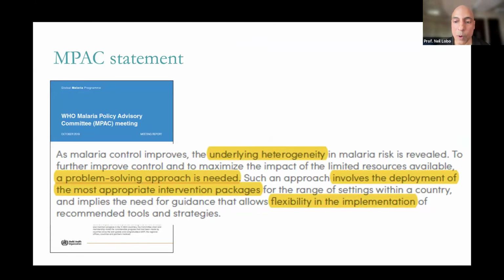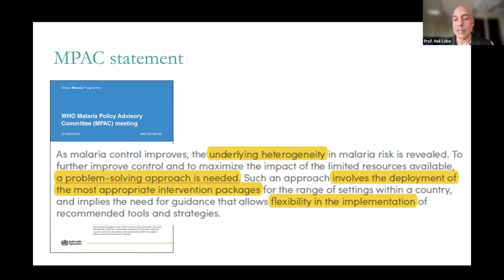A one-size-fits-all approach will not work against all these systemic differences in malaria. So we cannot have one package to attack malaria. We want subnational tailoring, so that based on the transmission system and the drivers of transmission at different sites, we deploy the most appropriate intervention package.